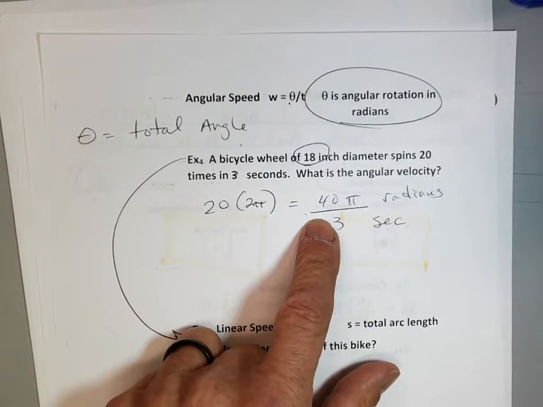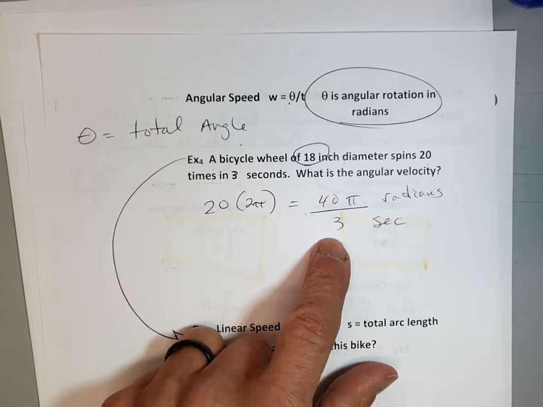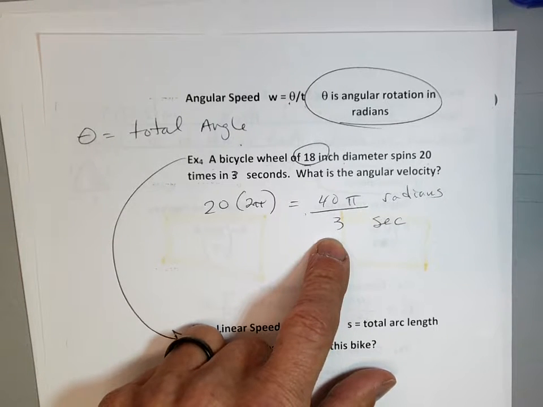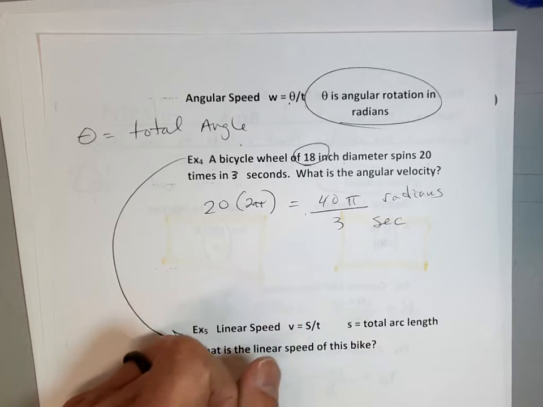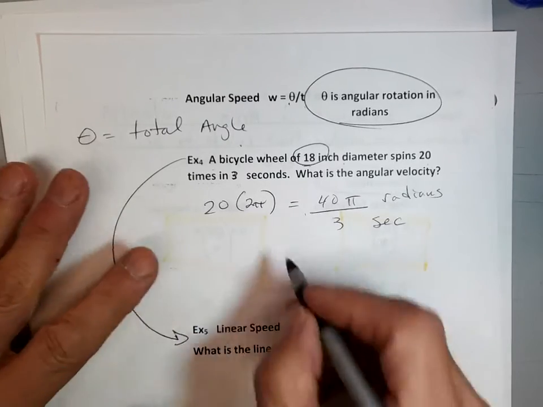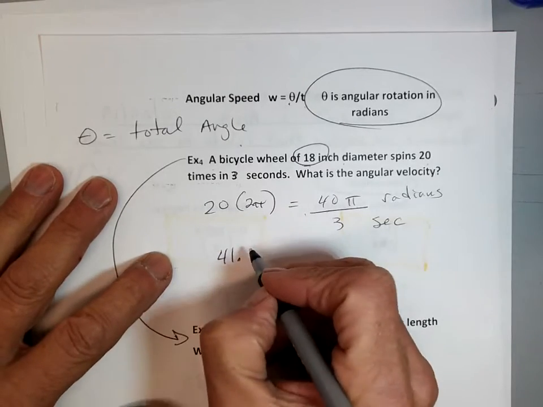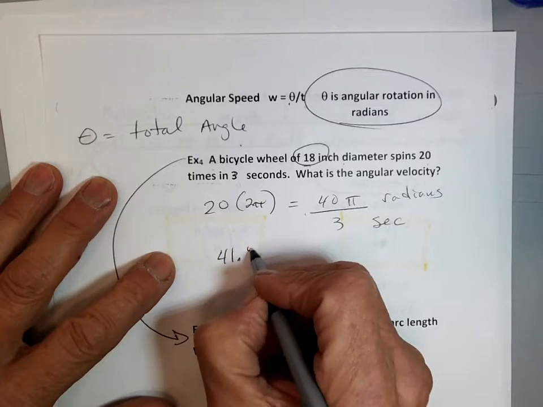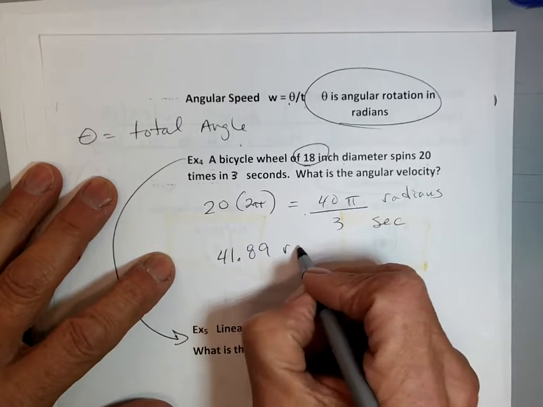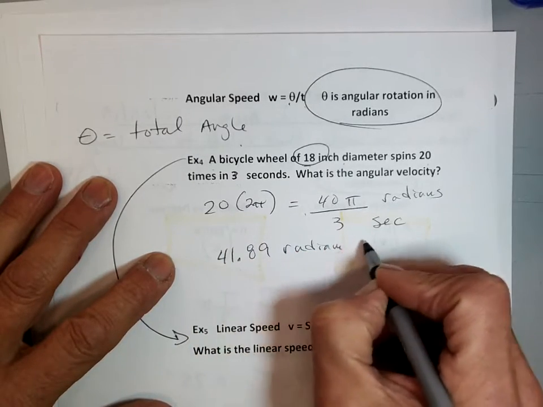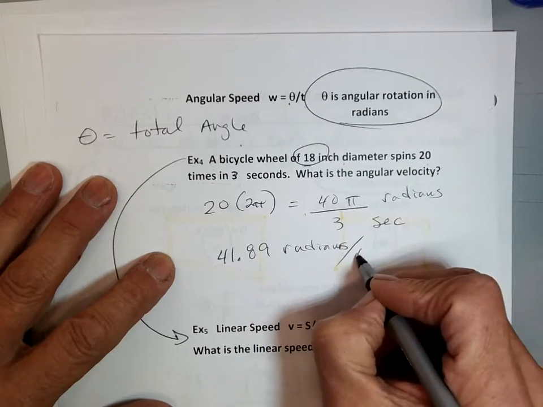I'll go 40 divided by 3 times pi, which gives me about 41.89 radians per second, okay?